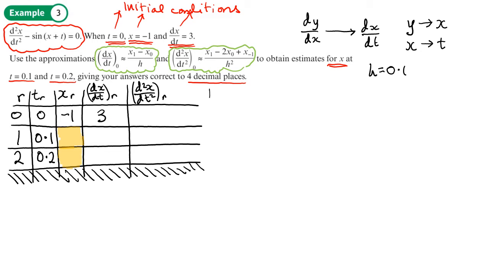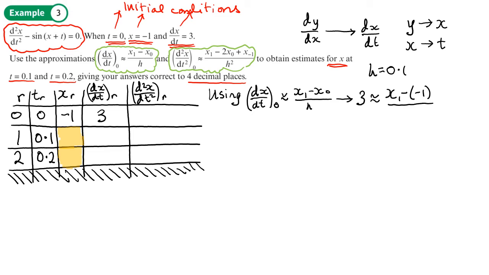So using dx dt 0 is approximately x1 minus x0 over h, I can find x1. So let's fill in the numbers. 3 here for dx dt. x1 is what I want to find. x0 I know is -1, so minus -1, all over h, which is 0.1.